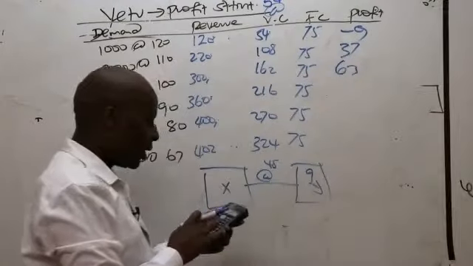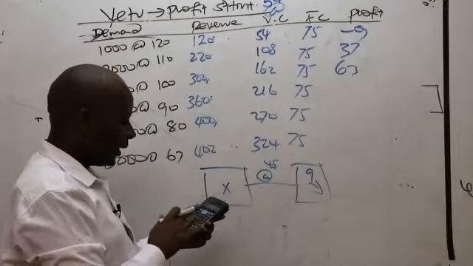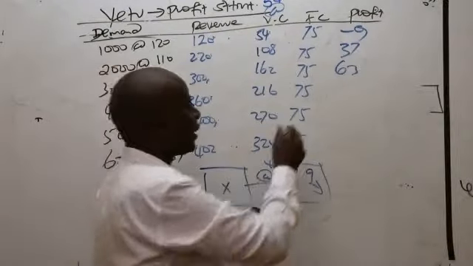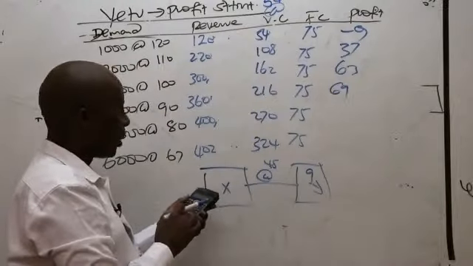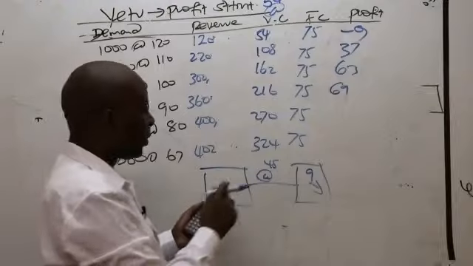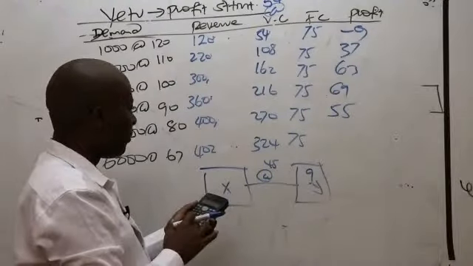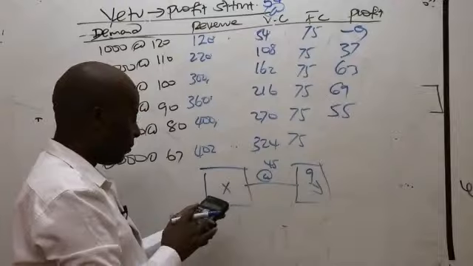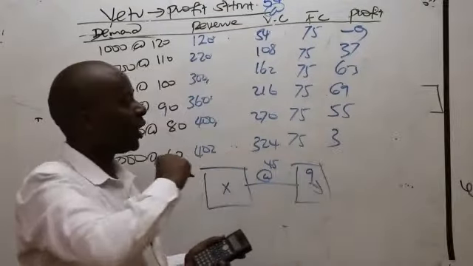From there, we have 360, minus 216, minus 75, which gives me 69. I could be wrong. Please try to give us the correct parameters. 400 minus 270, minus 75, which gives me 55. From there, we have 402, minus 324, minus 75, which gives me 3.